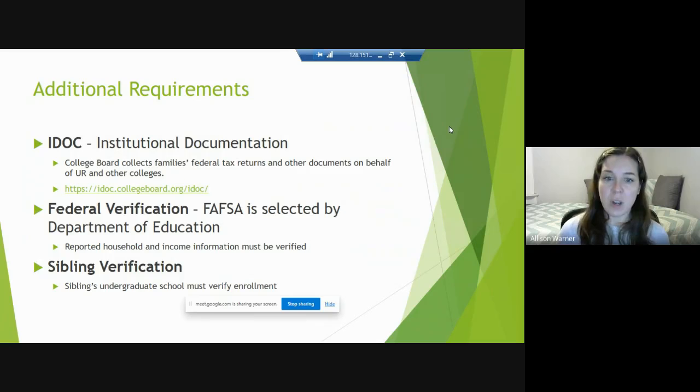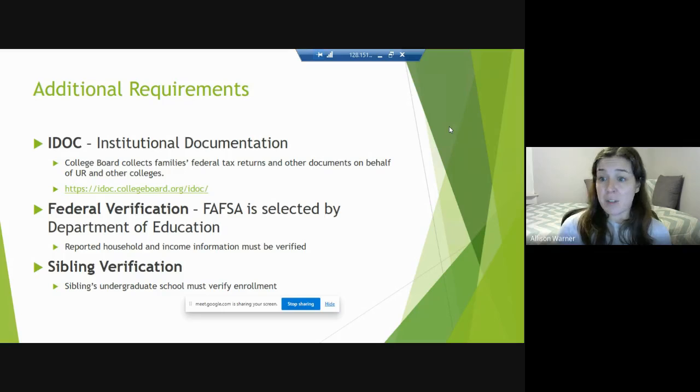The Department of Education just wants to confirm that you accurately reported your household size and income information as correctly as possible. You may also be prompted to complete sibling enrollment verification. A lot of times students will have siblings that are also in college at the same time.